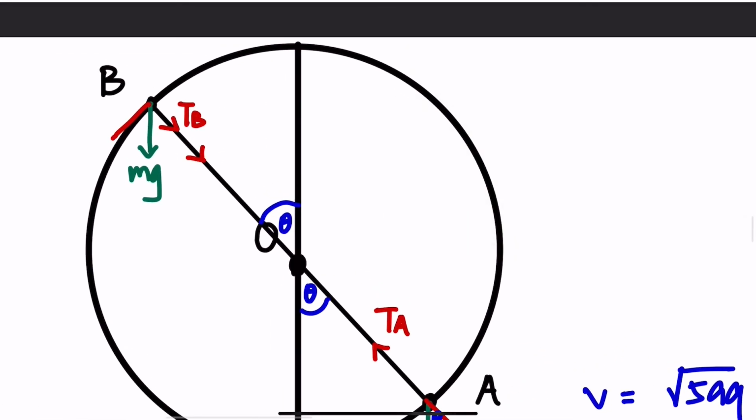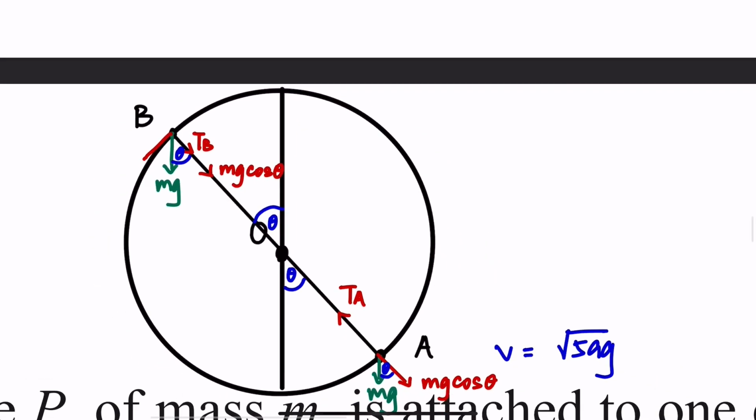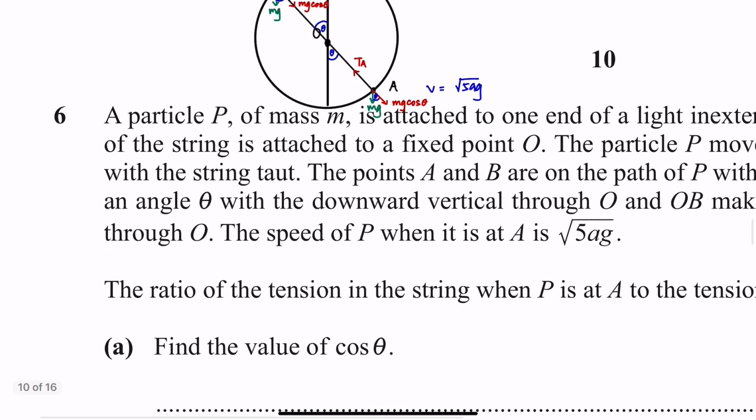So this would be theta, and this is mg cos theta. And same thing, we don't really need this force over here for this question, so I'm just going to remove it. Okay.